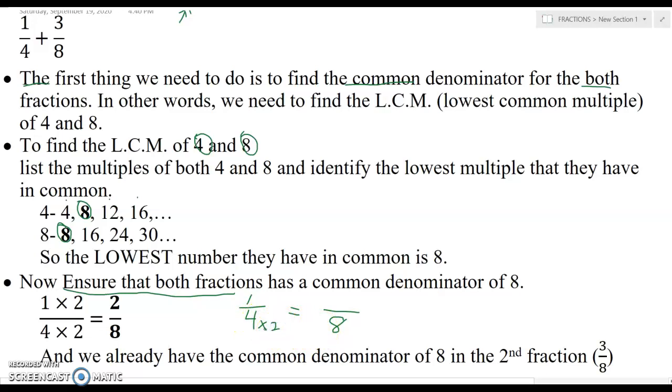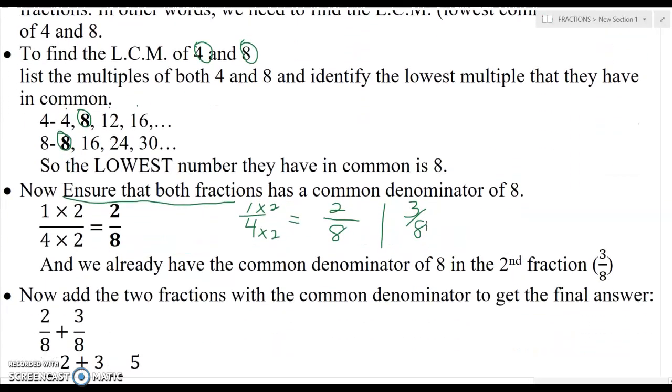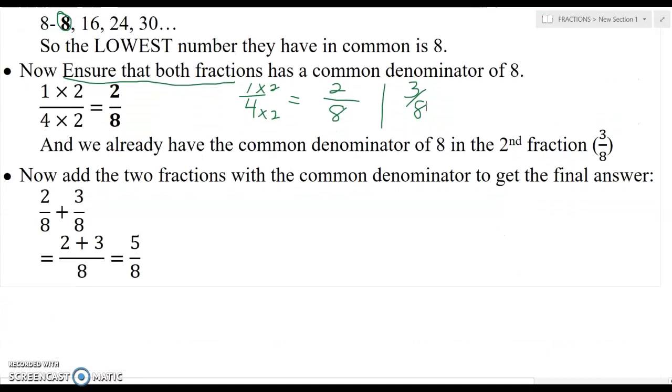So whatever you do to the denominator, you must do to the numerator, to the top. 1 times 2 is 2. Good. We have 3 8ths. We already have that common denominator of 8, so we don't have to do anything for that. So now what we're going to get is 2 over 8 plus 3 over 8.